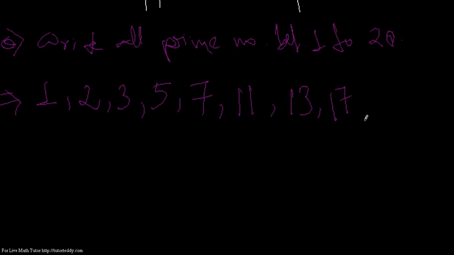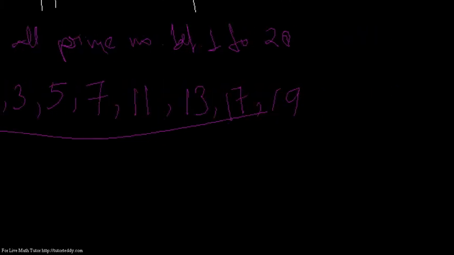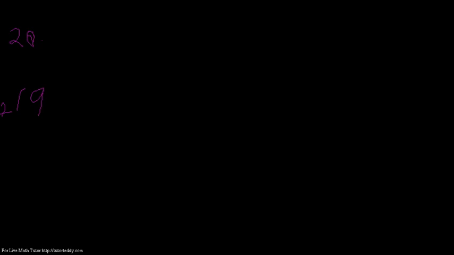Again 18 is not a prime number, but 19 is a prime number. And then 20 is again divisible by other numbers, so 20 is not. So in between 1 to 20 I have these numbers which are prime numbers. I hope it's clear. Now next I move on to describing composite numbers.